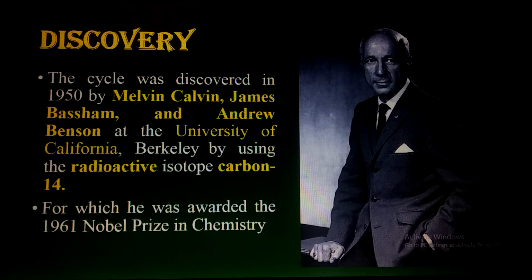Okay, the cycle was discovered in 1950 by Melvin Calvin, James Bassham and Andrew Benson at the University of California, Berkeley. They used the radioactive isotope carbon 14, as we know that carbon dioxide and water are involved in photosynthesis.